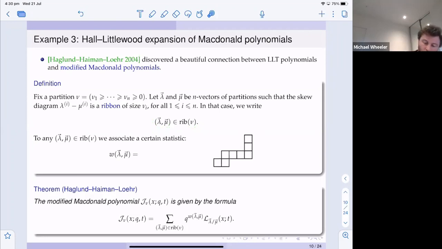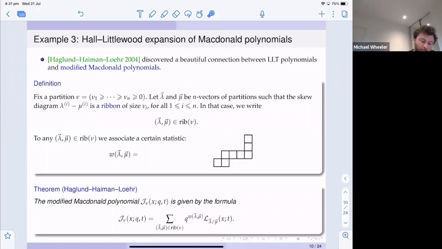I take two n-vectors of partitions and I look at the skew shapes by subtracting them componentwise. And I require that each component is a ribbon. And furthermore, the ith component should be a ribbon of size nu i. So that's the definition of my set.